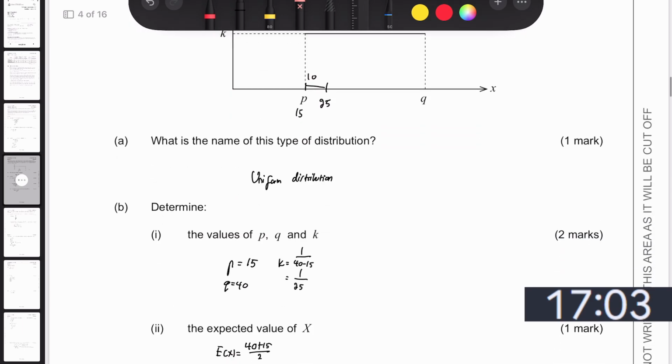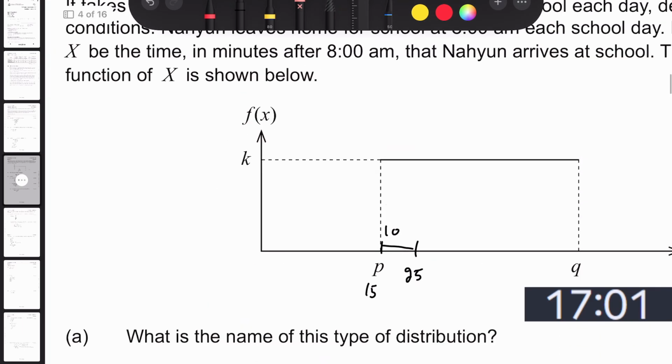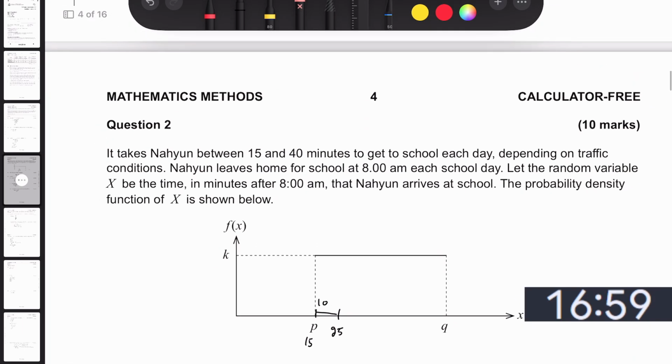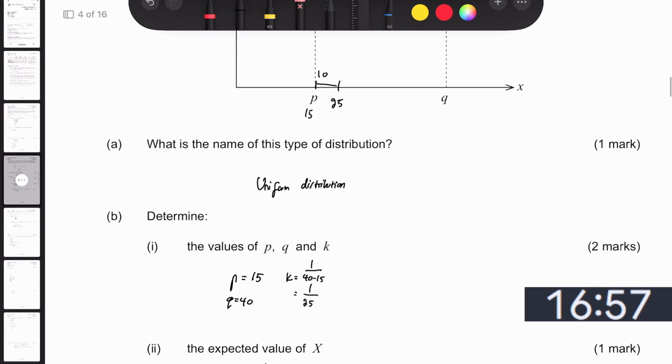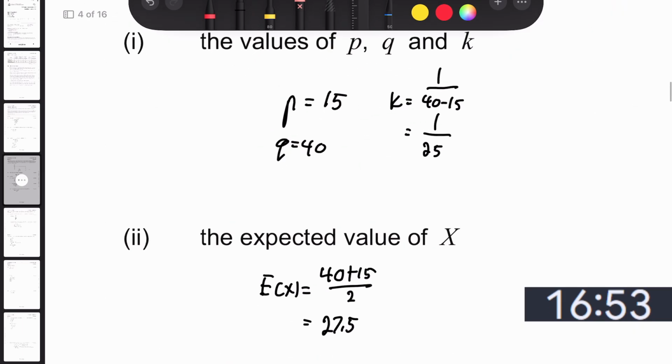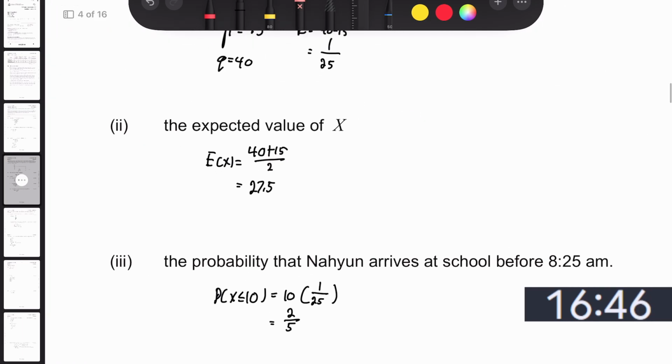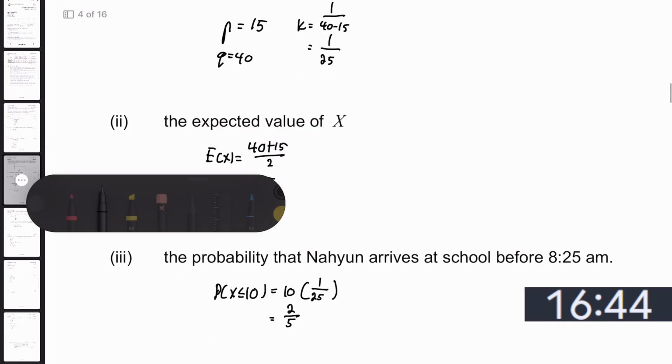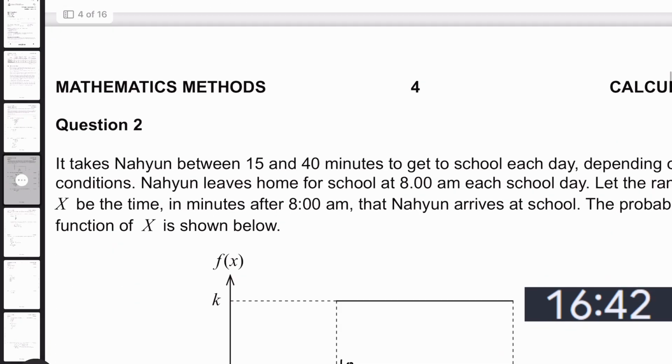Okay. It's definitely a uniform distribution. P, Q, and K. So after 8 a.m., the expected value is 40 plus 15, which is 55 on 2, so 27.5. Before 8:25 a.m. means it will be 25 minutes.